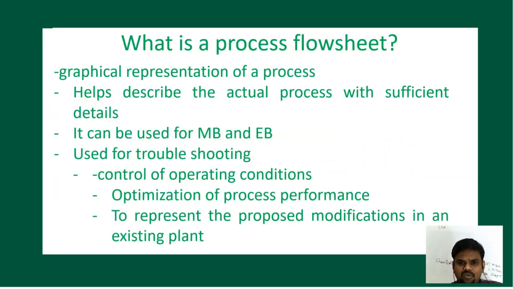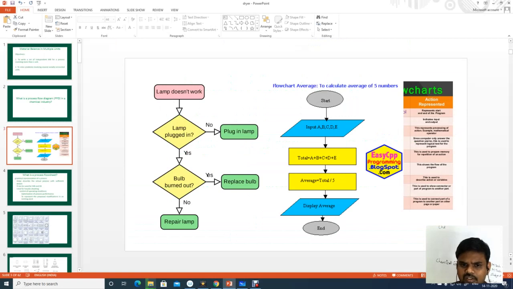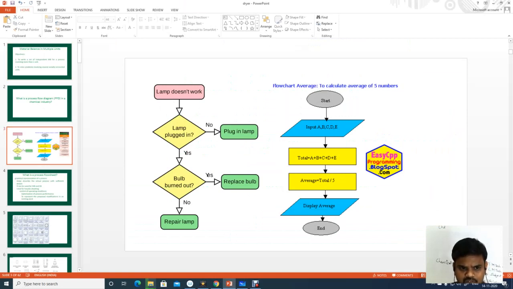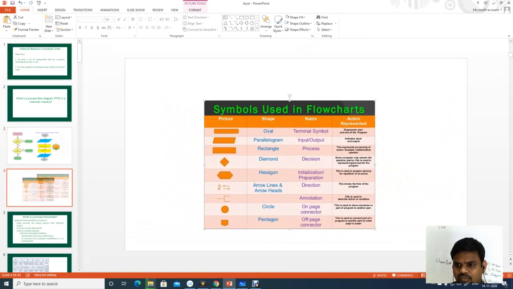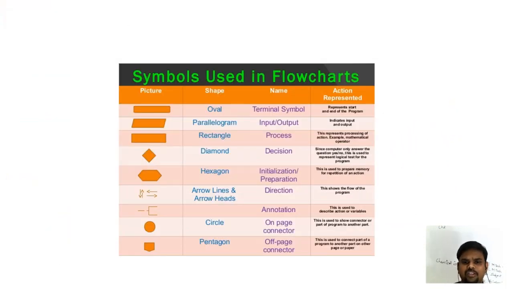Each one has its own importance. For example, in computer programs, the oval shape is for a terminal point, which may be a start or stop. If it is a parallelogram, it can be input or output. A rectangle is a process. A diamond is decision making. So like that, we have different symbols used in computer programming, right?